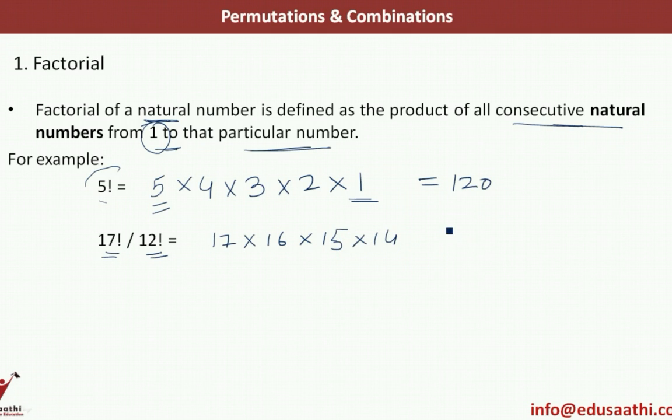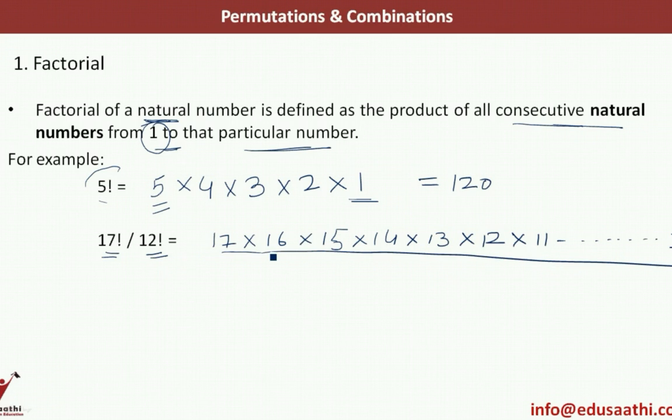So I have 17 into 16 into 15 into 14 into 13 into 12 into 11 and so on till 1. Now I have to divide this entire thing by 12 factorial. So 12 factorial is what? 12 into 11 into 10 and so on till 1.